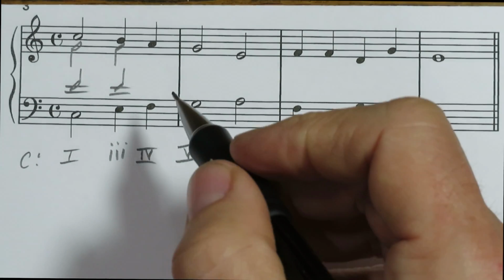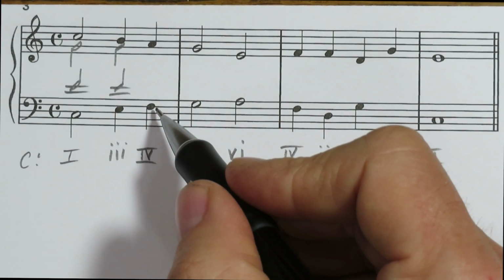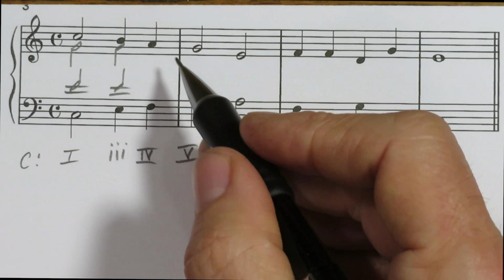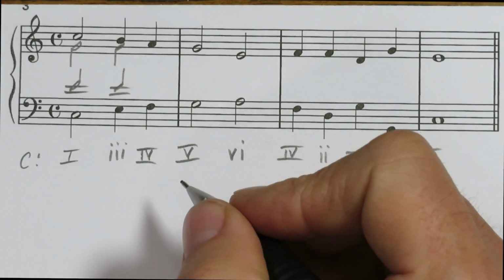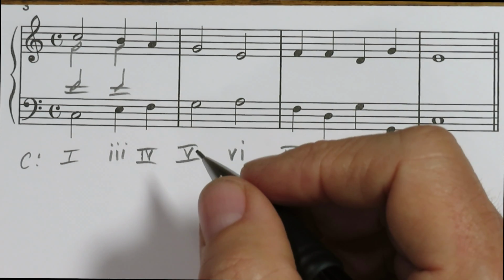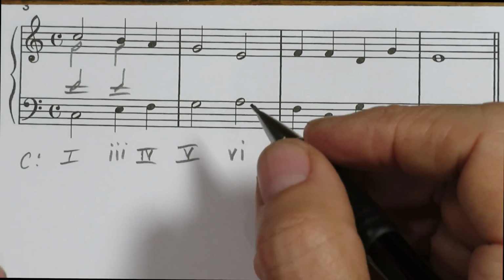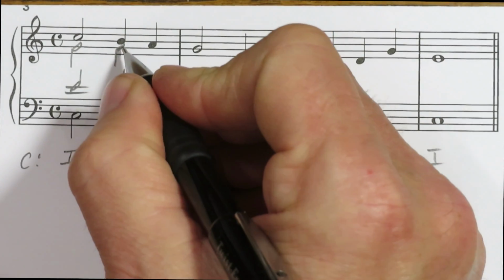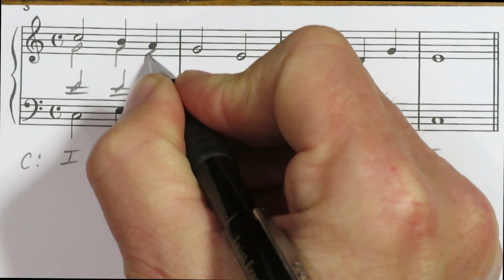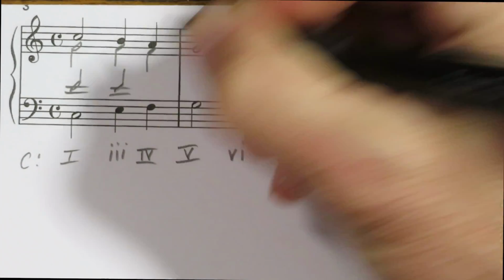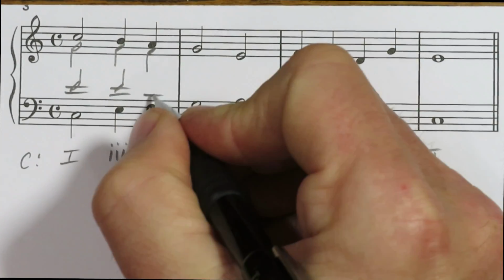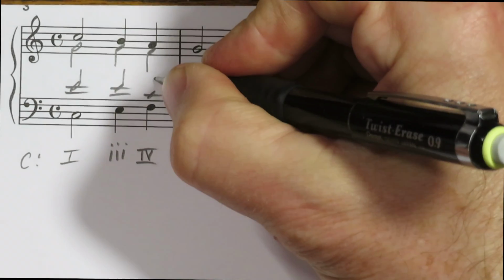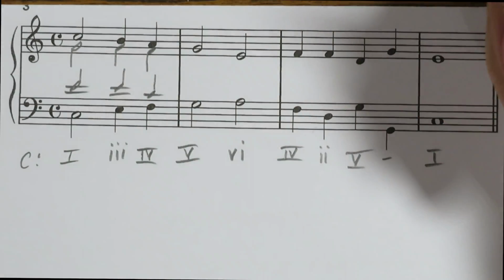And we're on the F. So we have an F and an A. So we need another F and a C. So it looks like the smoothest way would be like this. Okay.